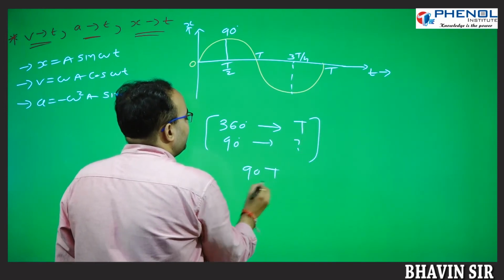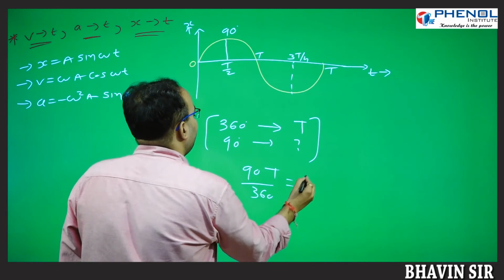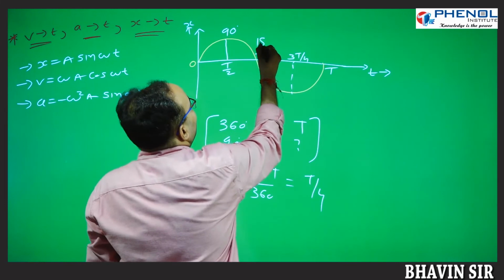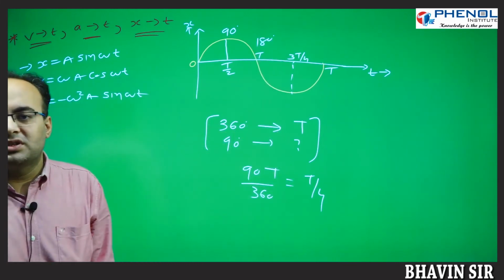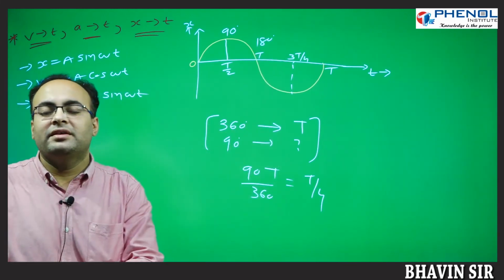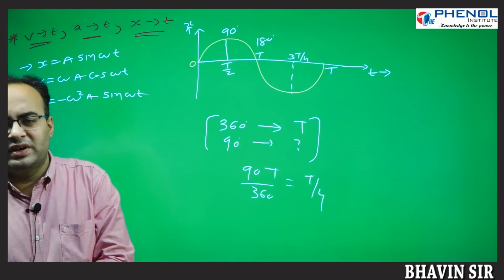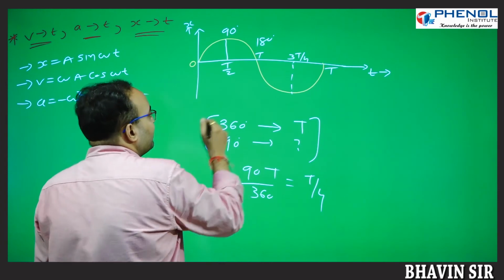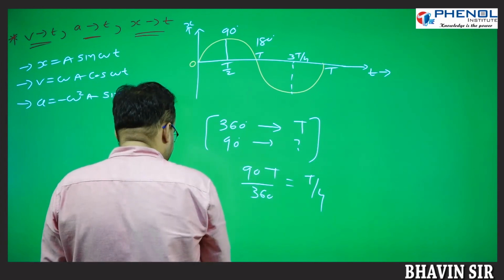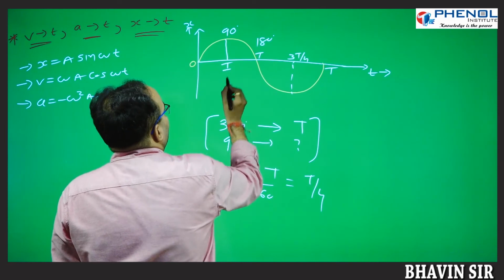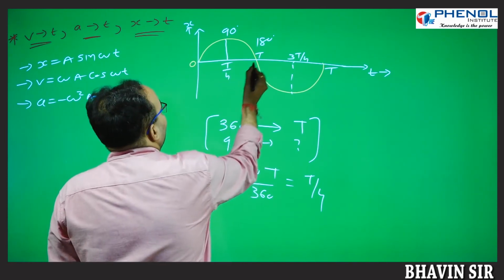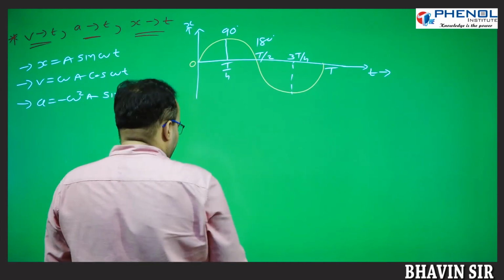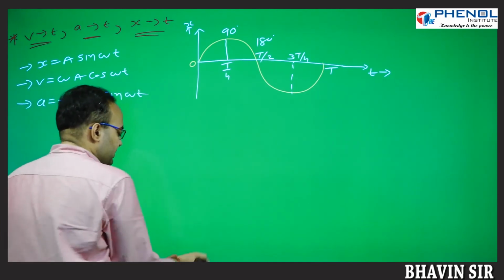When we cross multiply, we get T by 4. Same for 180 degrees: for 360 the time is capital T, so for 180 we get T by 2. So here T by 4, here T by 2. This is the graph of displacement.